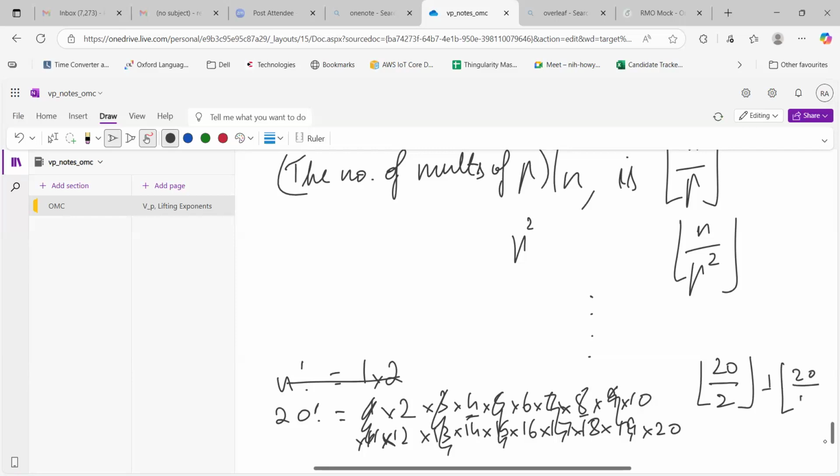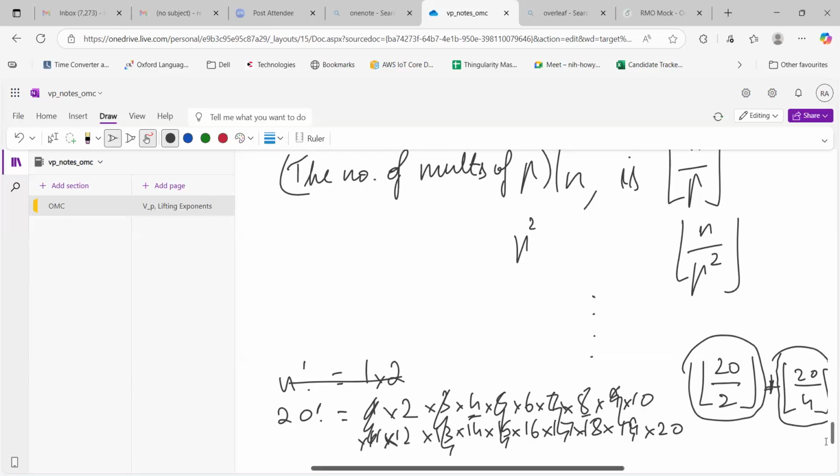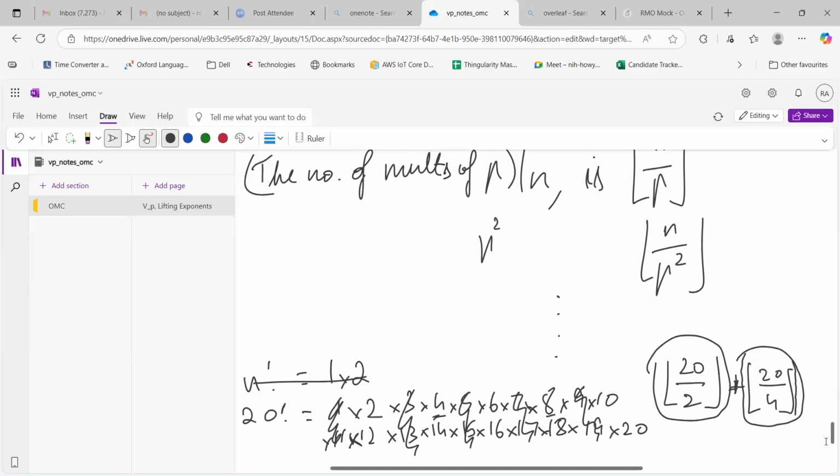For example, the number 12 is counted in this because 12 contributes 1 power of 2 in this part, and 12 contributes another power of 2 in this part because 12 is a multiple of 4. But we're still not done, right? Because we haven't counted the multiples of 8, and we can go on like this forever.